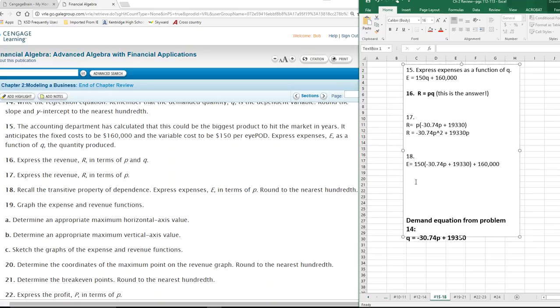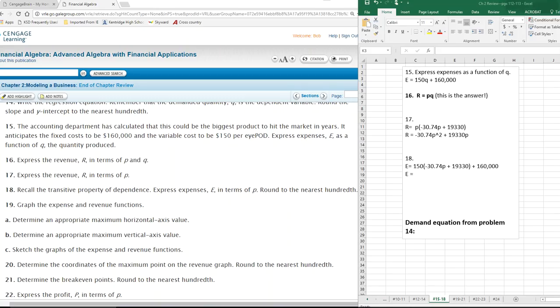Now again, we can go ahead and solve, we can distribute this to simplify it a little bit. We can simplify here now by distributing the 150 through here.